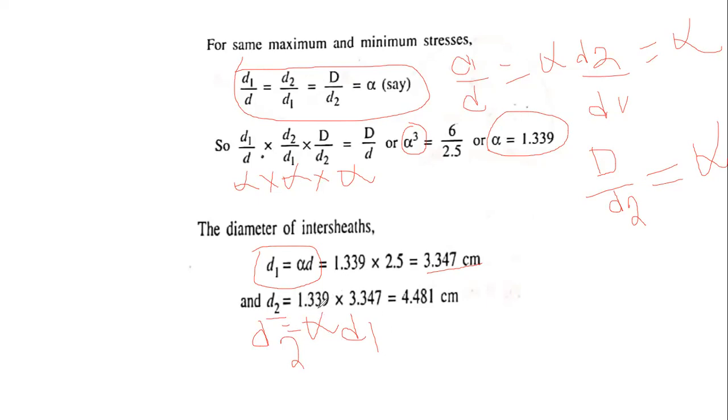The alpha value is 1.339 into d1, and the d1 value is 3.347. Then we obtain d2 equal to 4.481 centimeters.